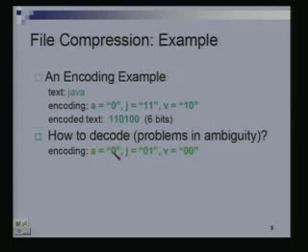For A I use 0, J is 0 1, V 0 0. Still it should take 6 bits only, and the encoding would be 0 1 0 0 0 0. Now, from here can I get back to Java given this code? Well, 0 0 1, what can it be? It could be either an A or it could be a J.